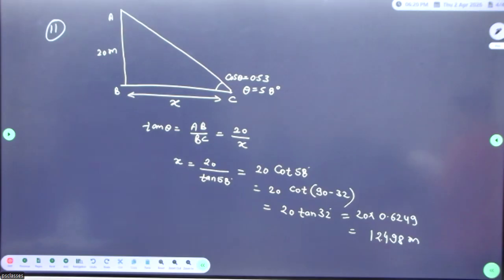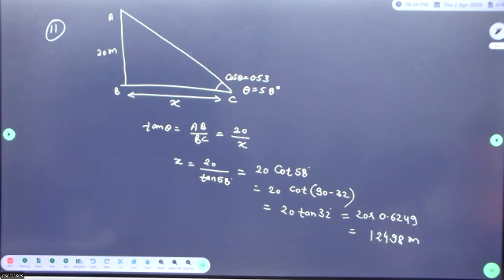Any other question you want to ask? Let me see. One question, we will do one or two more. So we can do this figure, 1, 18. Which number?